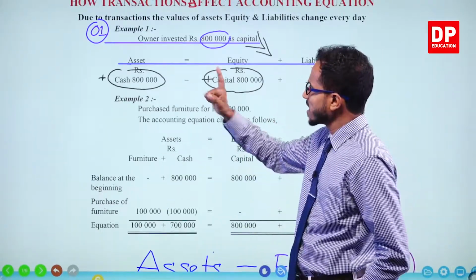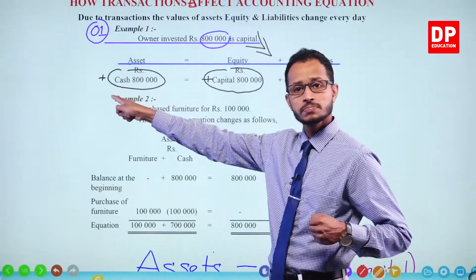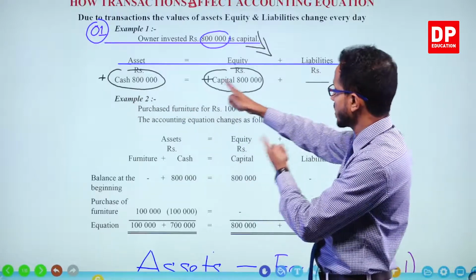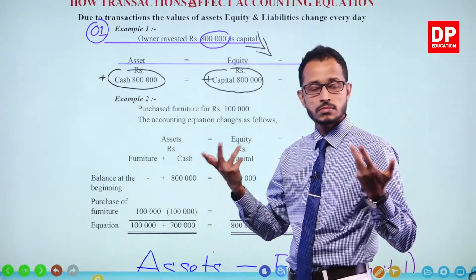Why has 800,000 increased under assets and under equity too? Why?